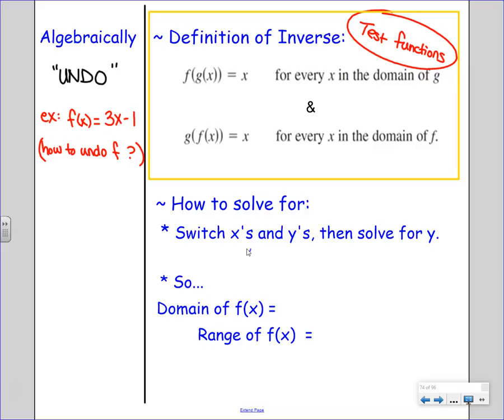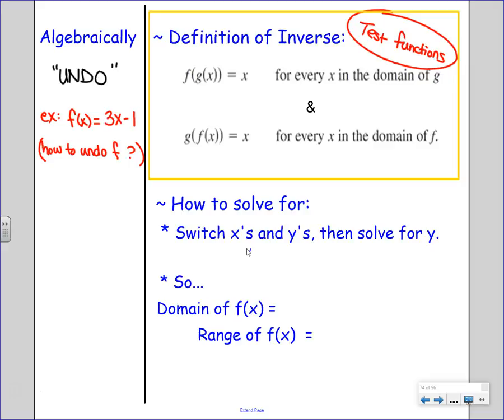The way to check to see if you've undone it properly is to take the composition of both the functions and see if truly one undoes all the operations, all the extra, of the other. So what I've given you over here on the side is the function 3x minus 1. Question, what is occurring to the x? According to PEMDAS, what's occurring first? Multiplying by 3. But what else is going on to x?